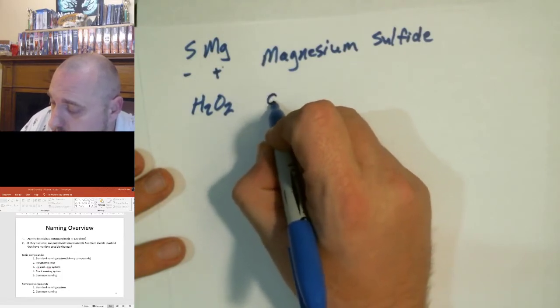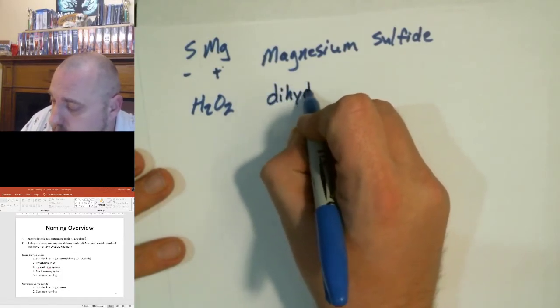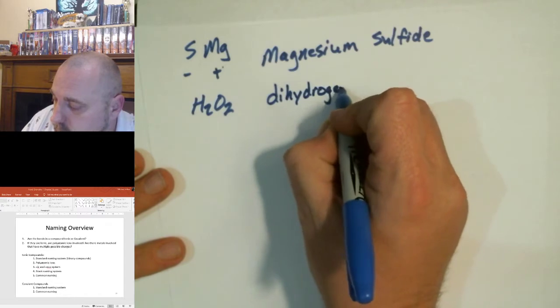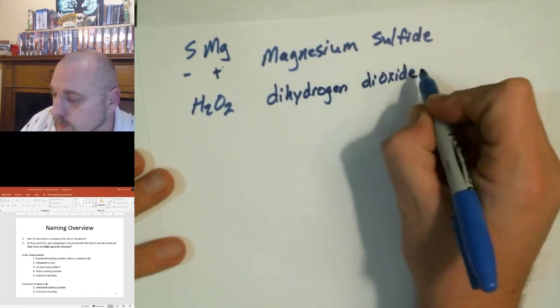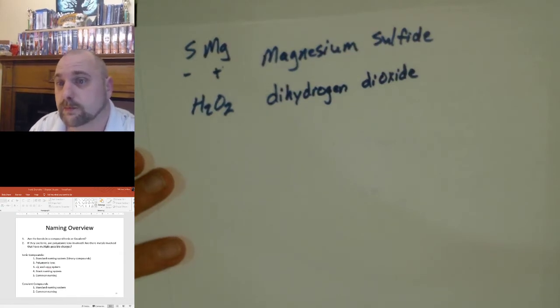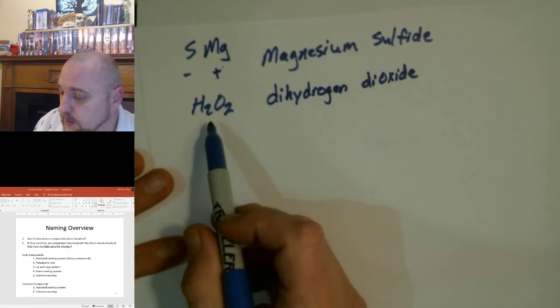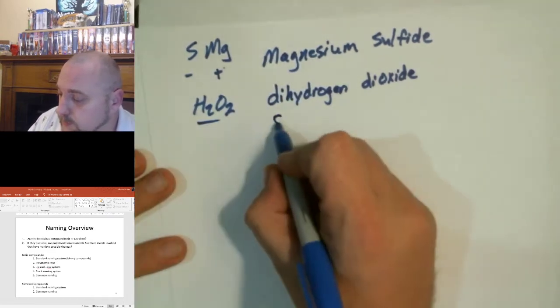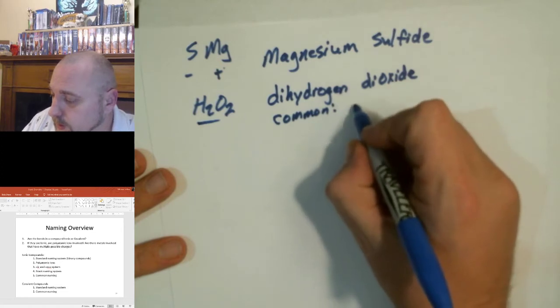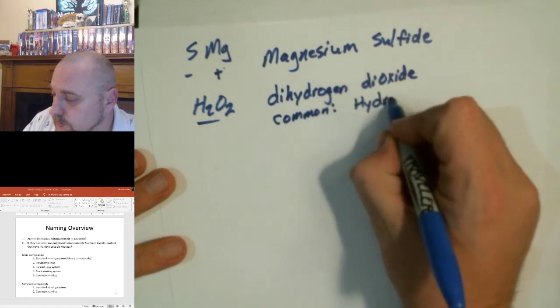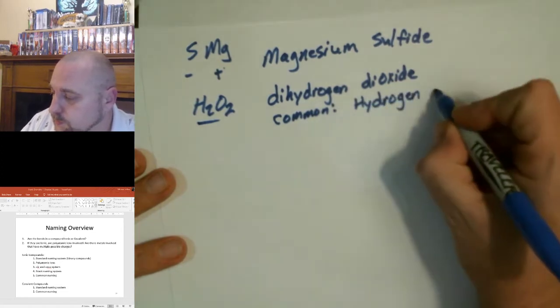And so we could call this dihydrogen dioxide. That would be acceptable, but it won't be the answer. That's not the answer that we're going to find. This actually has a common name that we are supposed to memorize. So this is actually hydrogen peroxide.